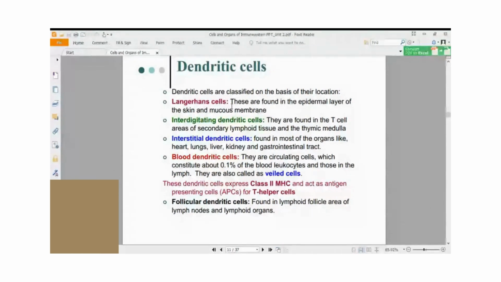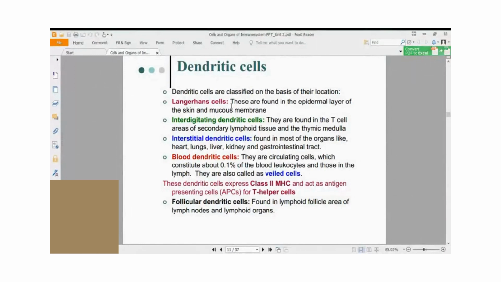It can remain in the skin and send signals. But generally, because dendritic cells are not capable of producing a large number of cytokines, as soon as they encounter the antigen, they engulf the antigen and they start migrating from the tissue to the nearest lymph node.